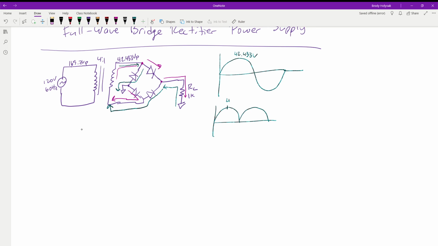Not 42. So in this case, it's going to be 41.033 volts peak, because remember, each signal is going through 2 diodes, so it's going to lose 1.4 volts, 0.7 on each of the diodes it passes through, then the rest will be dropped across our load. So this is our V secondary, this is our V out.